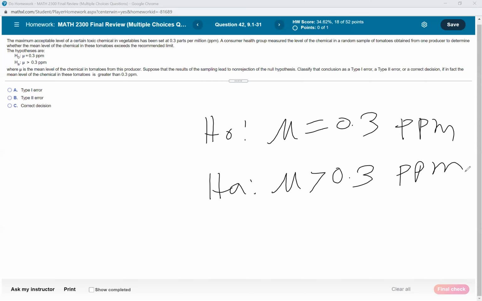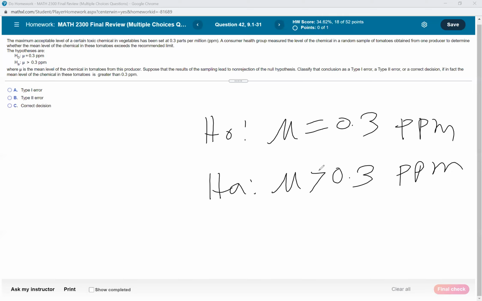Now, mu is the mean level of chemical in tomatoes from this producer. Suppose that the result of the sampling led to non-rejection of the null hypothesis. So we fail to reject the null. Classify that conclusion as a type 1 error, a type 2 error, or a correct decision. In fact, the mean level of the chemical in these tomatoes is greater than 0.3.